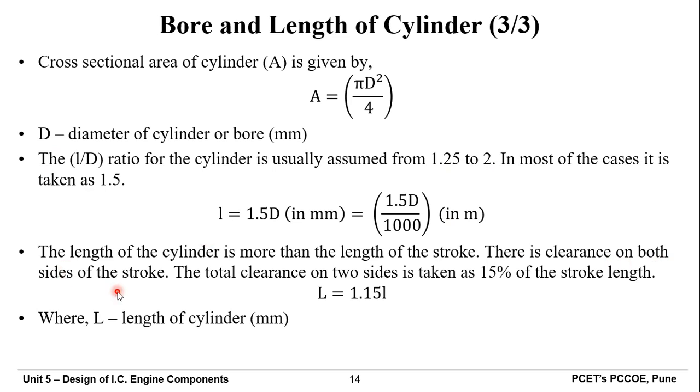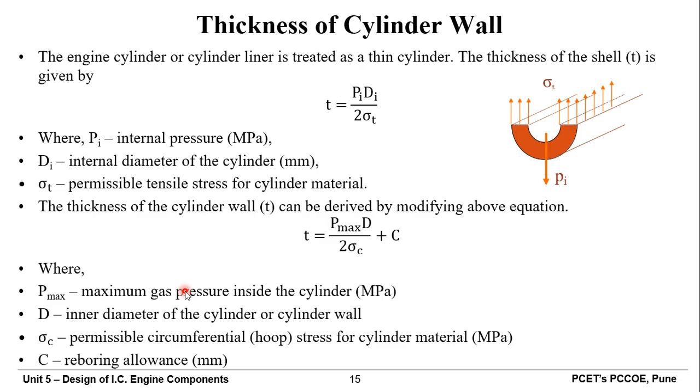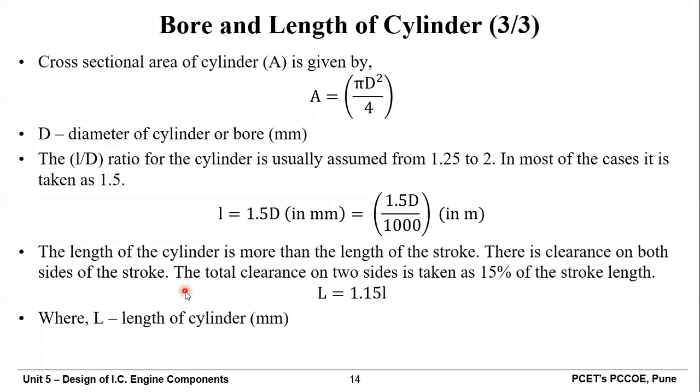That is, above the top dead center there is a clearance, and below the bottom dead center there is a clearance, and that is generally taken as 15% of stroke length. So if you know the stroke length, just multiply it by 1.15 and you will get the length of the cylinder. So this is how you can estimate the length of the cylinder.